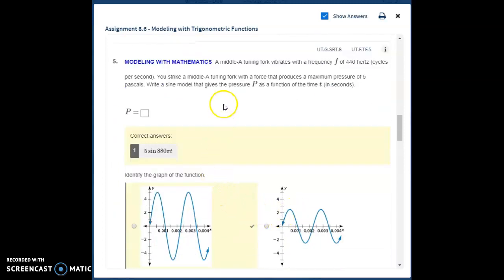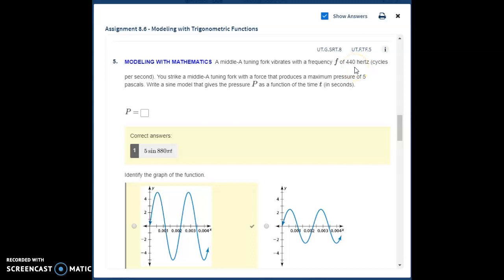Number 5, modeling with mathematics. So this one also, again, you're looking for the equation, and it has a frequency of 440 hertz, or cycles per second.